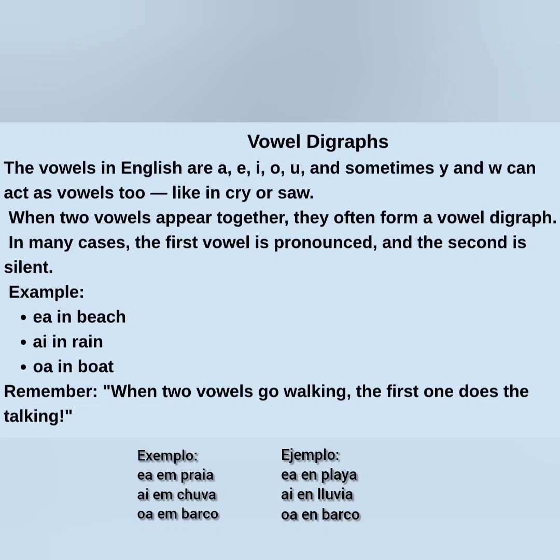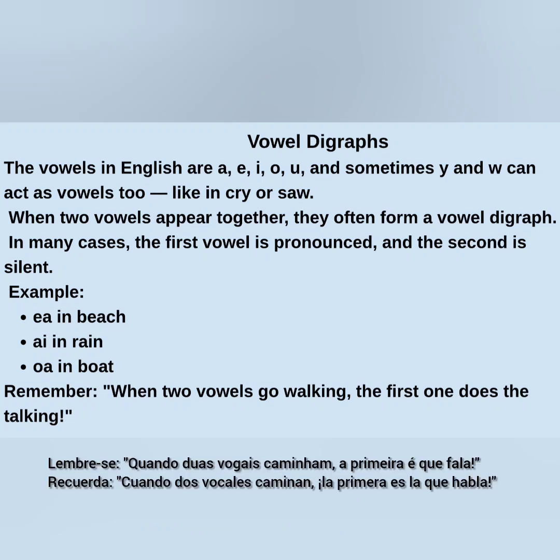So A, rain. And lastly is OA. So O will be pronounced, A will be silent. So O, boat. So remember, when two vowels go walking, the first one does the talking.